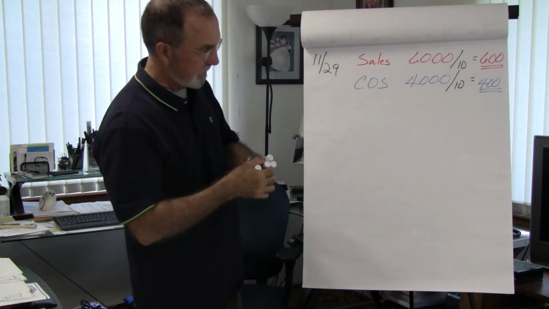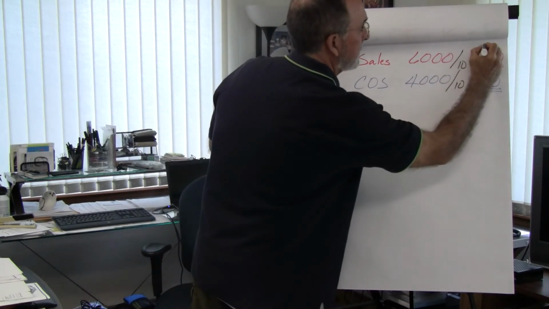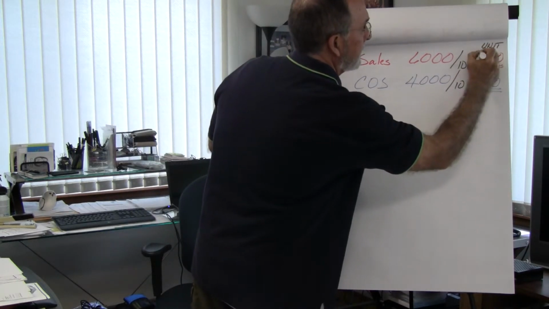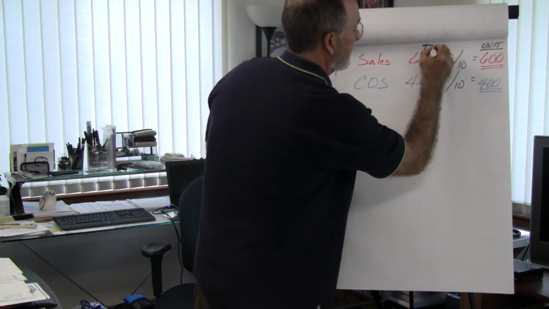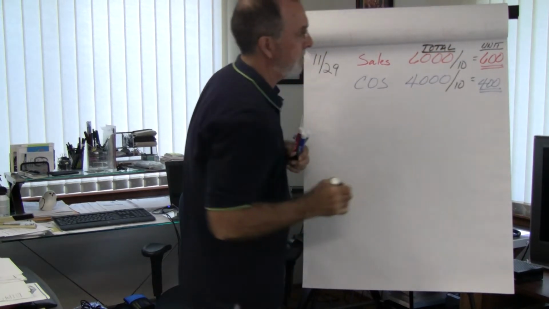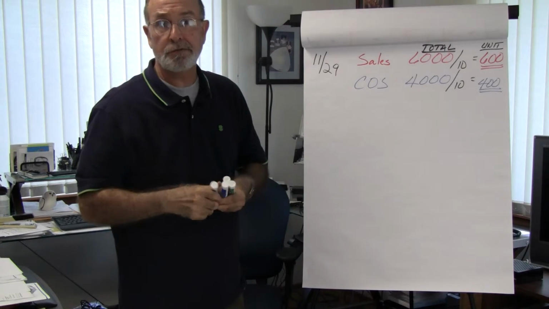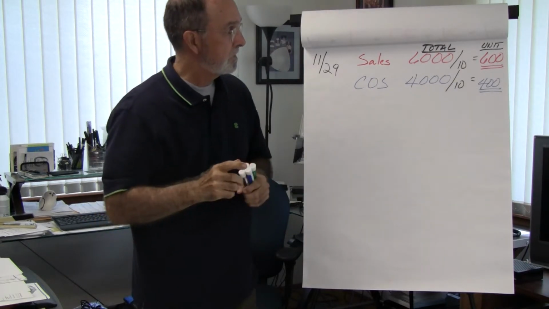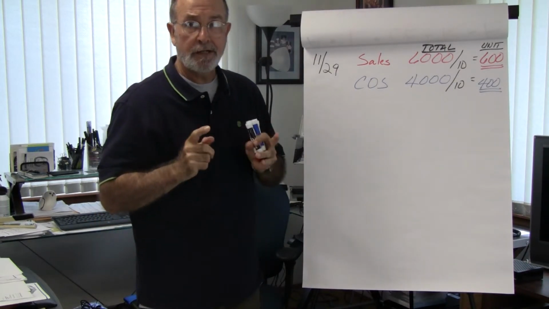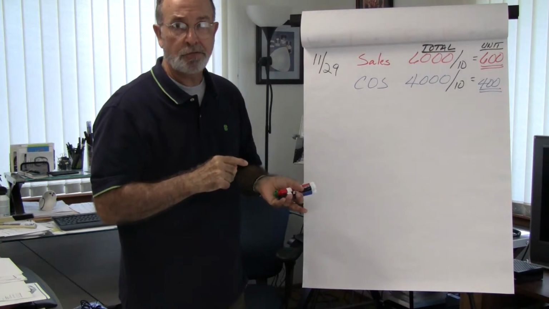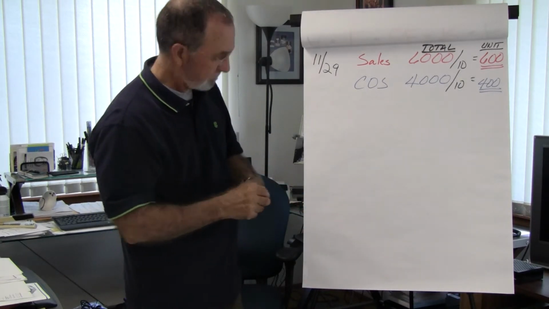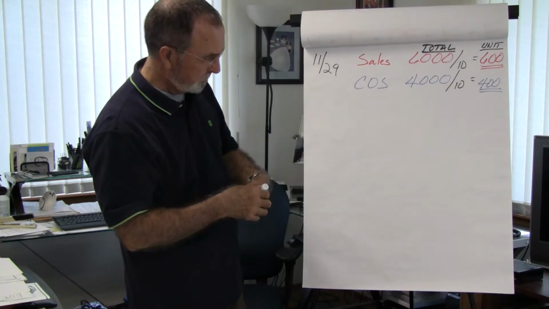And so the unit amount in this transaction is what we need to record, because one of the items from the sale on the 28th was returned. And so which accounts do we use?